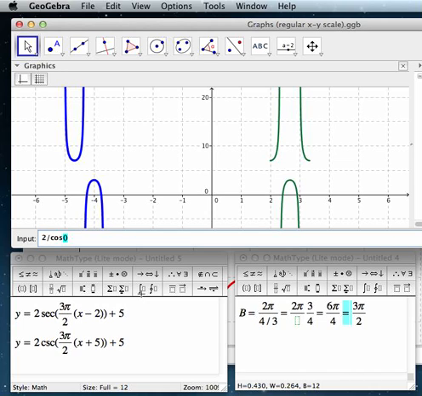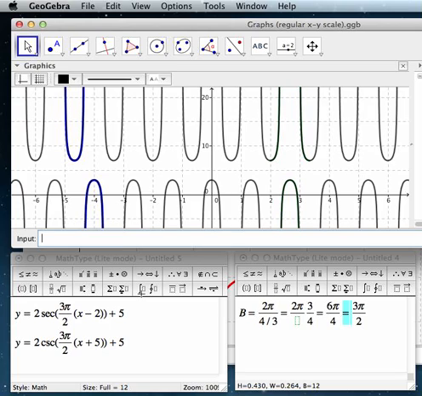And so then my frequency is 3 pi over 2, and then my phase shift is x minus 2. And plus 5, and if this is right, it should be in just the right spot that the other one was, and it does. Lines up perfectly with those 2 cycles that we had before.